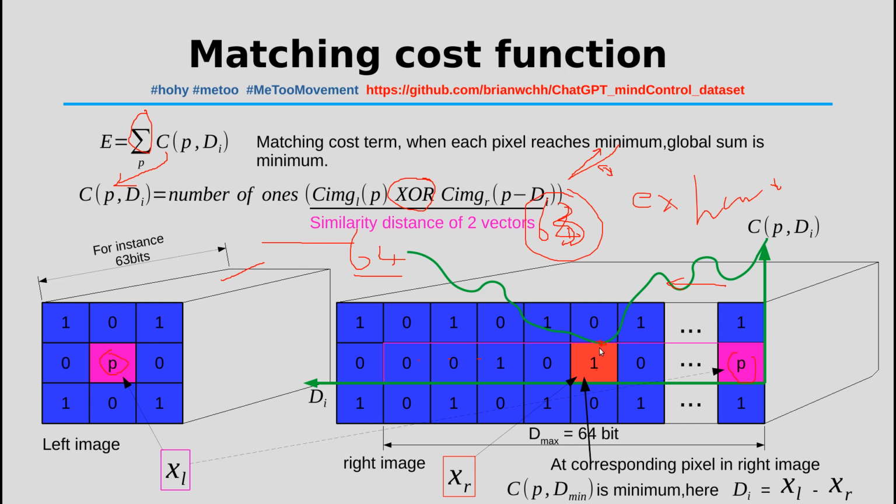We can find the minimum one. If we print the value out, maybe it looks like a parabola. i equals 1 to 63. And d is xL minus xR. Okay. This is the matching cost function.